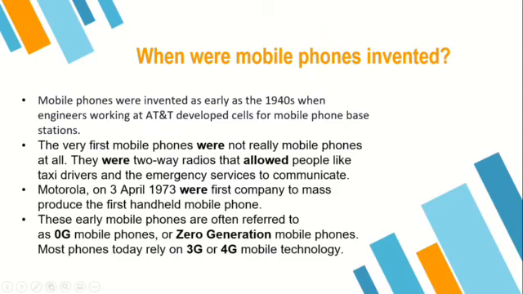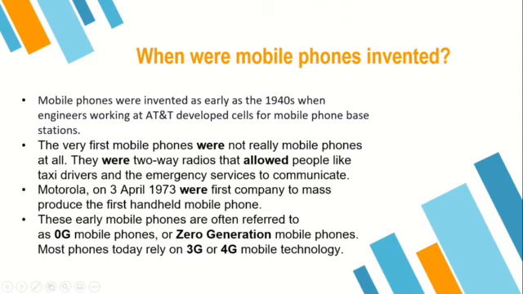The very first mobile phones were not really mobile phones at all. Were, right? Yeah, so this indicates past. They were two-way radios that allowed people like taxi drivers and the emergency services to communicate.